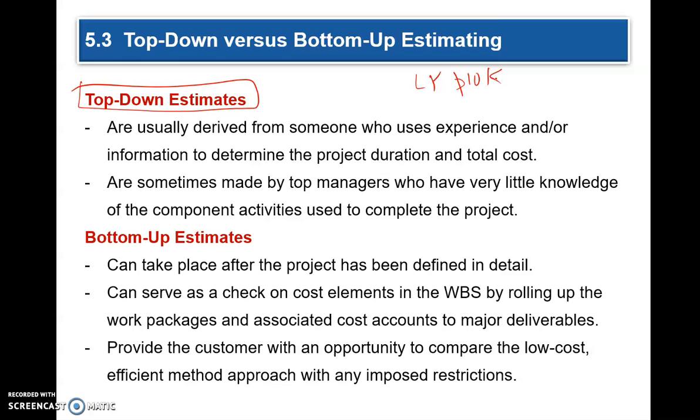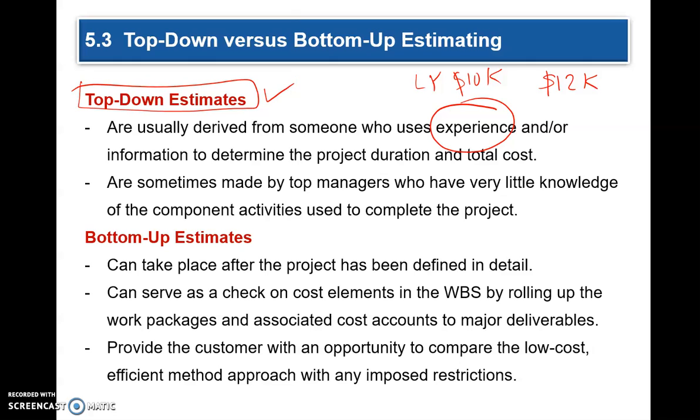This year, with experience, the material prices have gone up a bit, so I would budget it for $12,000. That is by experience. It is also the information that is available to you from last year's projects. That is a top-down estimate.